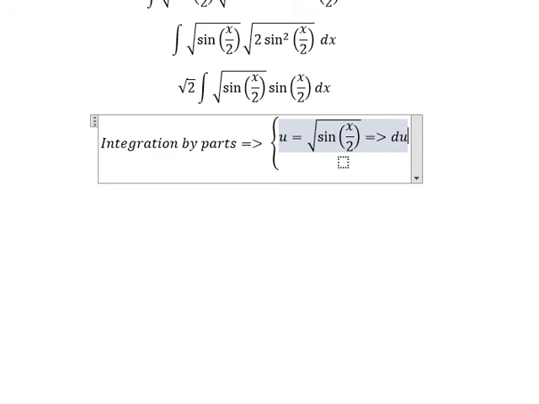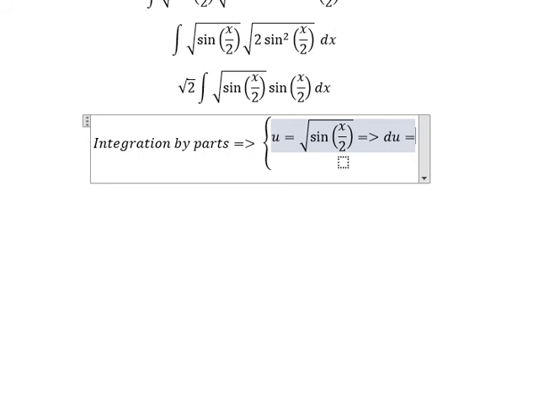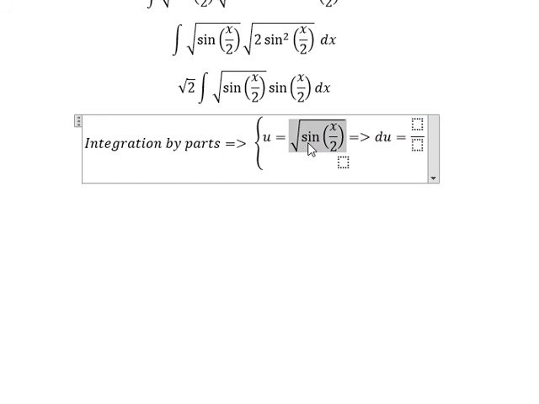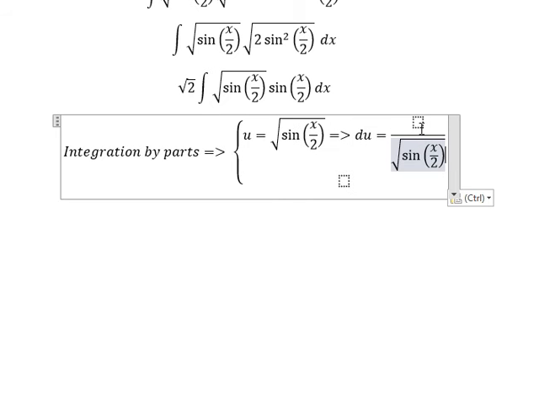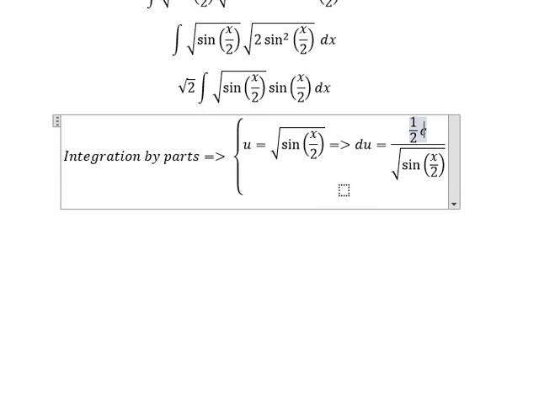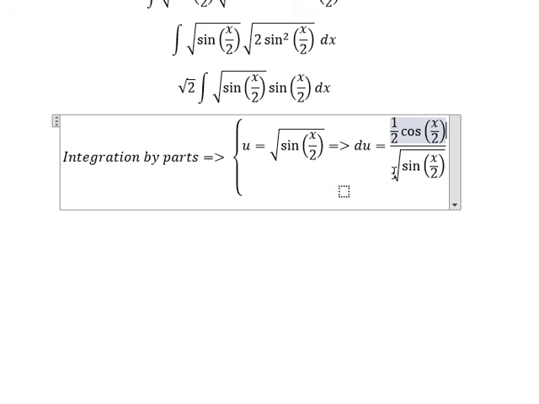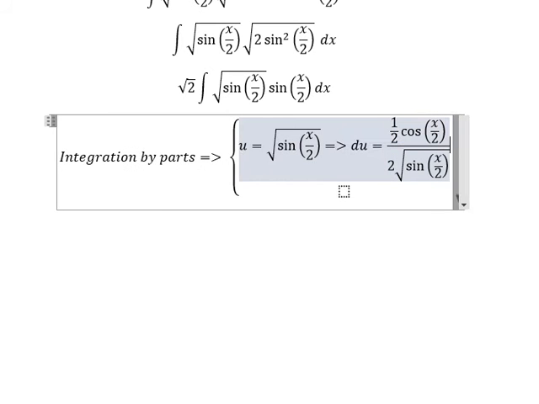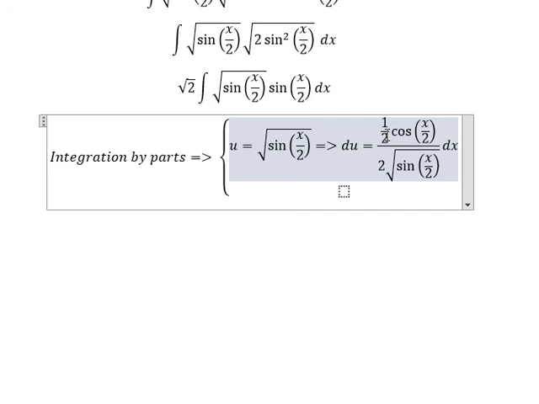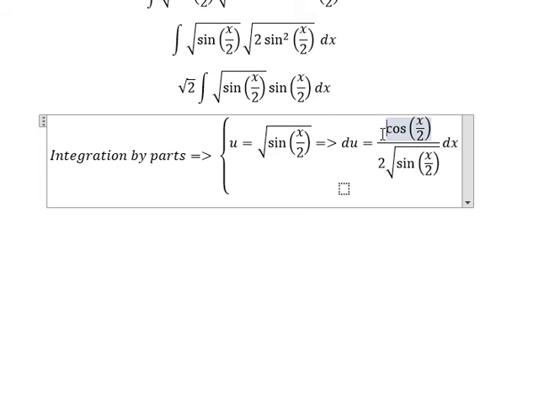And we got du equals to, we put the square root in the denominator first. Later we do first the derivative of sine s over 2. You will get about 1 over 2 cosine s over 2. And we have number 2 in here. 1 over 2 multiplied with 1 over 2 in here. So you got about 1 over 4.